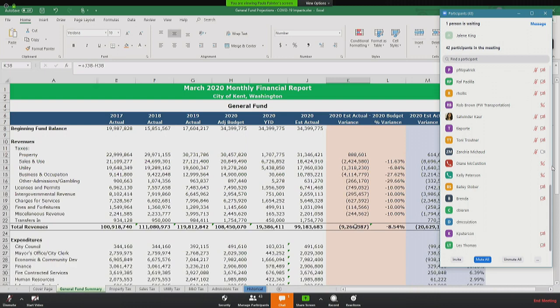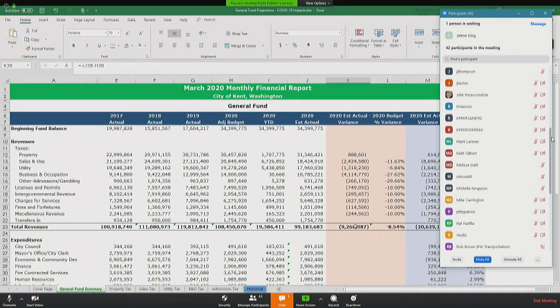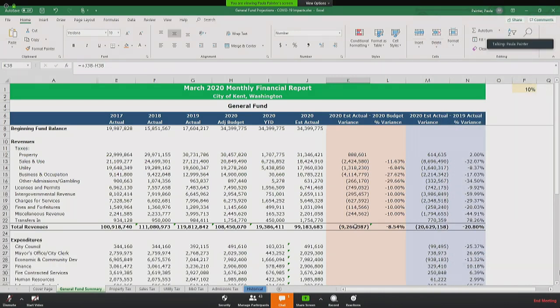But what our fund balance really does for us at this moment is it buys us a little bit of time to evaluate some cost savings plans. Recognizing that in order to save money, 80% of our budget is made up of staffing, when staffing reductions would be necessary, it would provide an opportunity to give those employees 30 days notice.